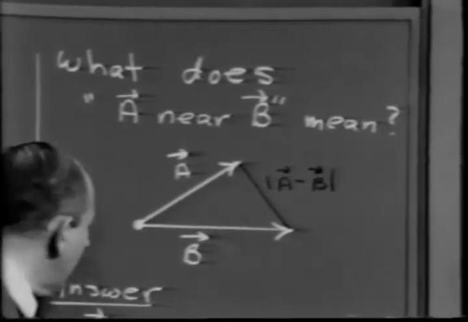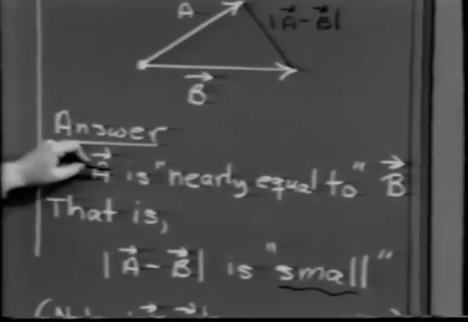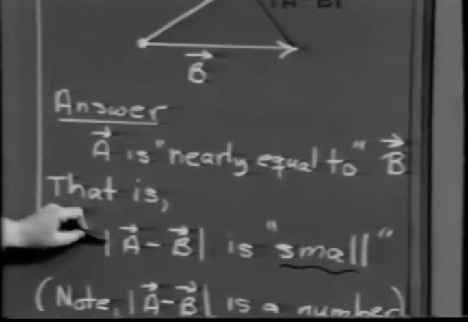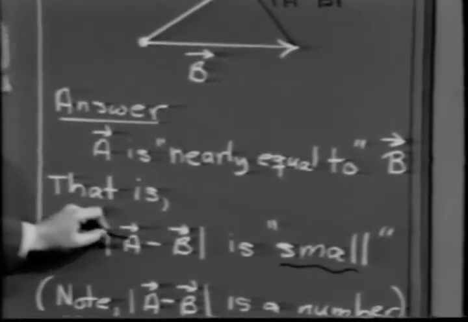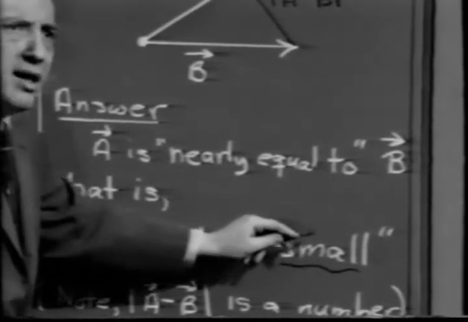And now we're in business. Namely, we say, look, to say that a is near b means that a is nearly equal to b, which in turn means that the magnitude of the vector a minus the vector b is small.